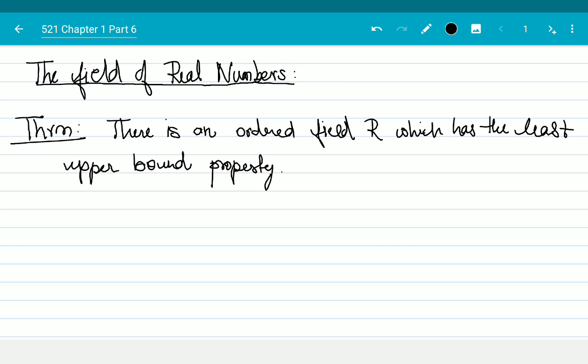and it contains Q as a subfield. Moreover, R, let me denote R by our standard notation, contains Q as a subfield.